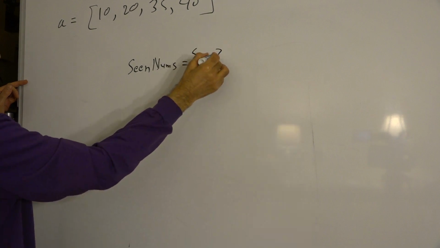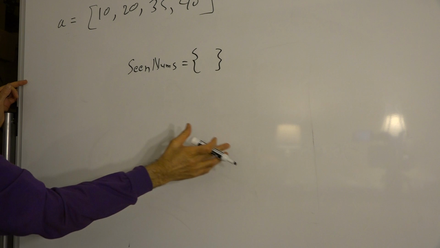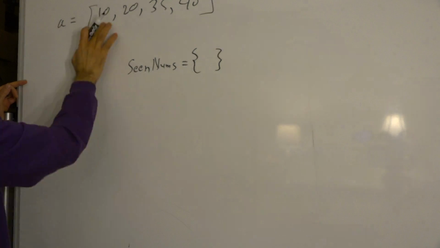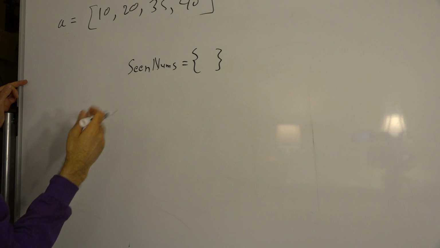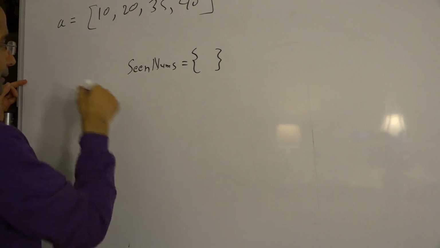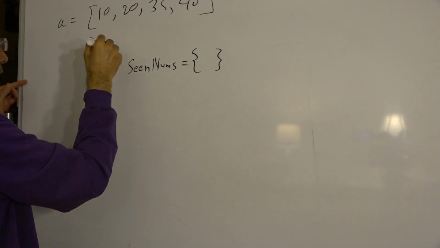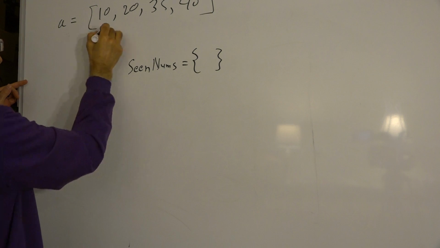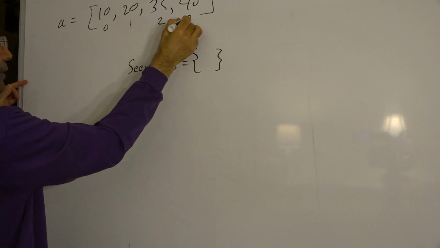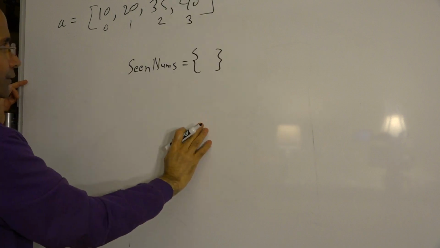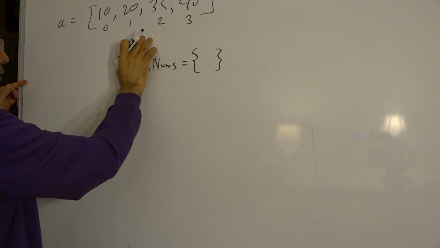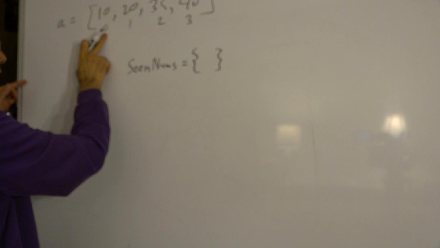So some sort of hash map. This is my hash map. It's empty. Okay, and then let's say I traverse the first one, let's say 10, and then I need to have a logic. Since I am interested in the index, this is 0, this is 1, 2, 3, those are the indices of these numbers. So when I find the right numbers, I need to return the indices. So in this case, I have to return 0 and 1.